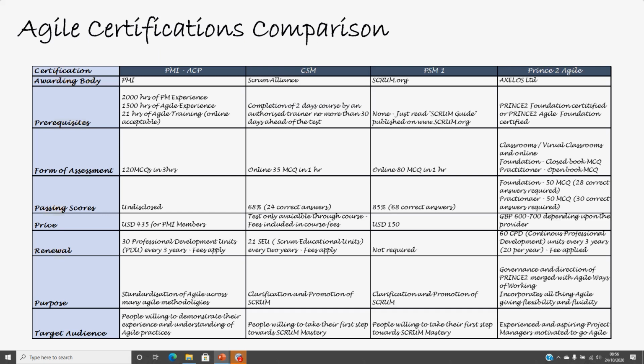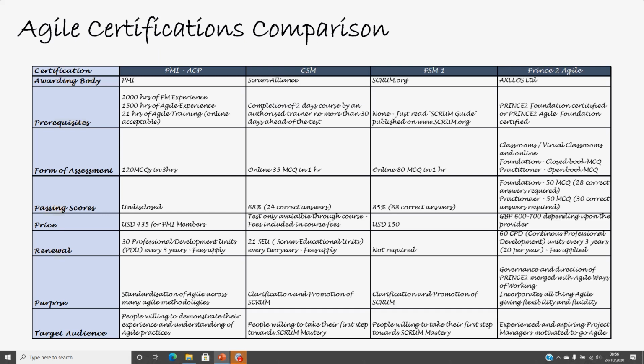There is Scrum, there is Kanban, there is Extreme Programming, there is Lean, there is Crystal. These are just a few of the methodologies which are on top of my head. The basics are still the same that we have just gone through, but they do vary. They have different low-level tools, they have different low-level structures.